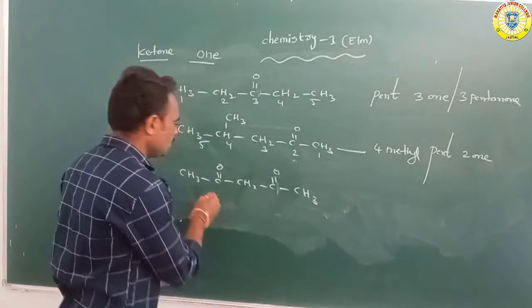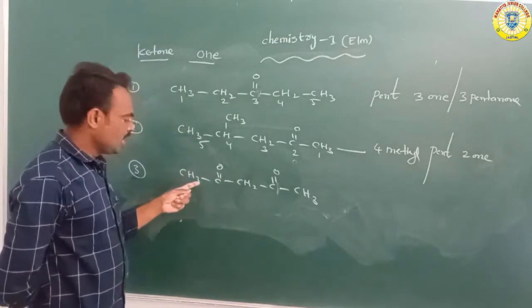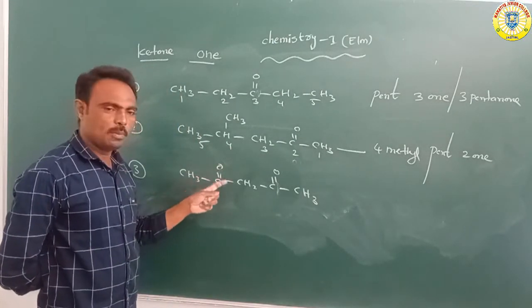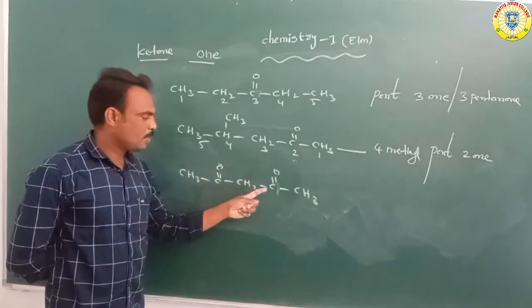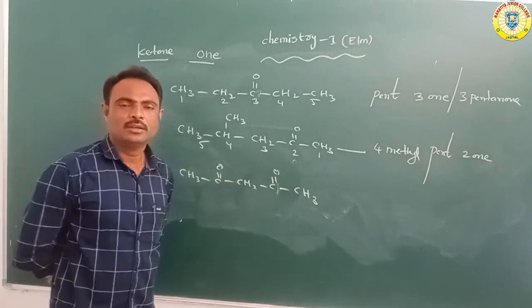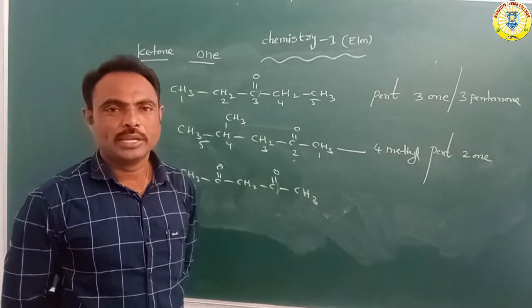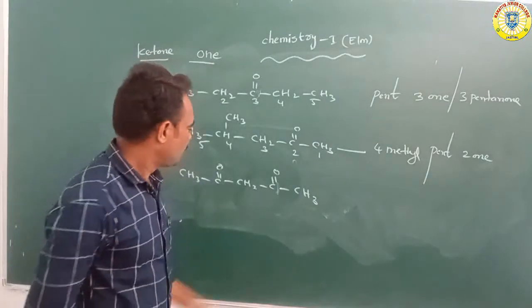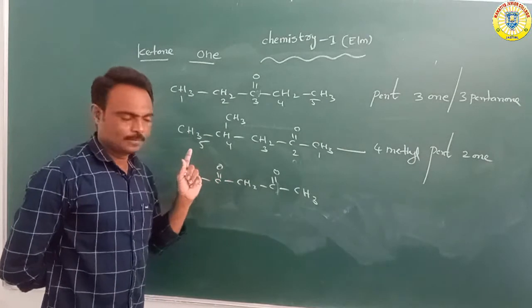Next further, suppose CH3 bond, carbon double bond O, bond CH2, bond C double bond O, bond CH3. So it contains the ketone functional group in two places.